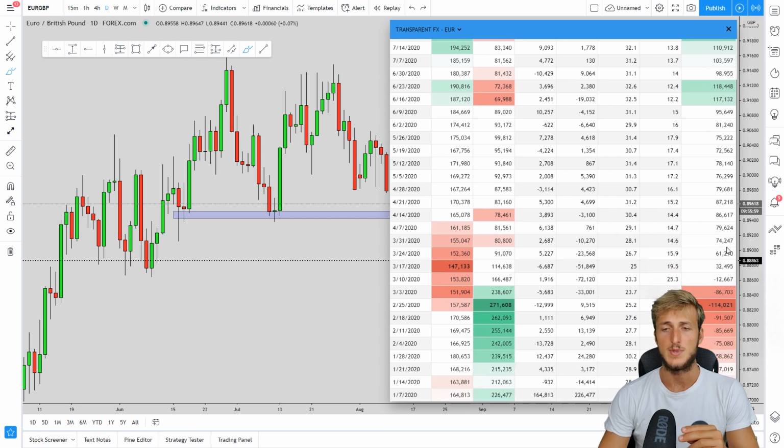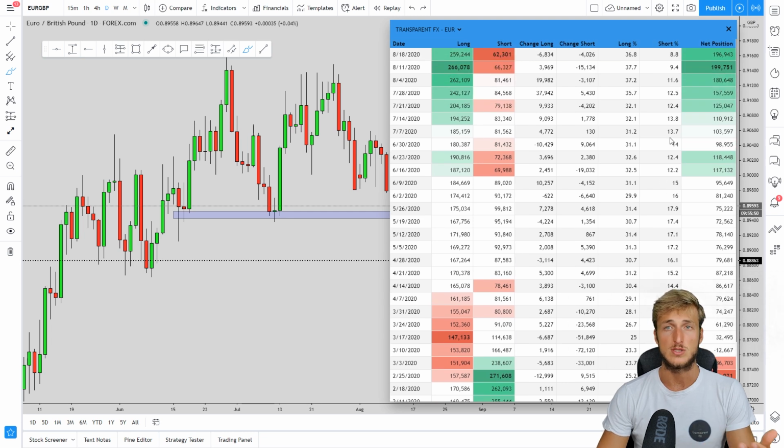It means that institutions went from having way more shorts than longs with 271k shorts and 157k longs to a situation where we now have way more longs than shorts, so completely the opposite with 259k longs and 62k shorts. So they closed a lot of shorts and opened a lot of longs. But with the last report, we can see that some profit taking has started on all these longs that got added. In fact, institutions closed 6.8k longs.